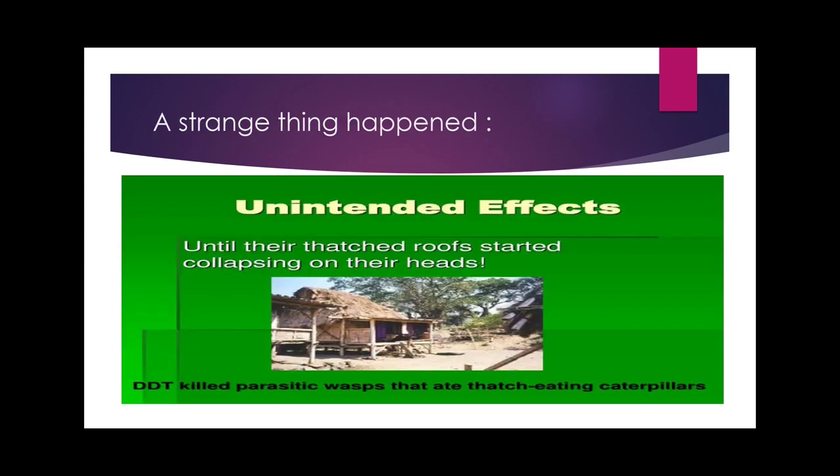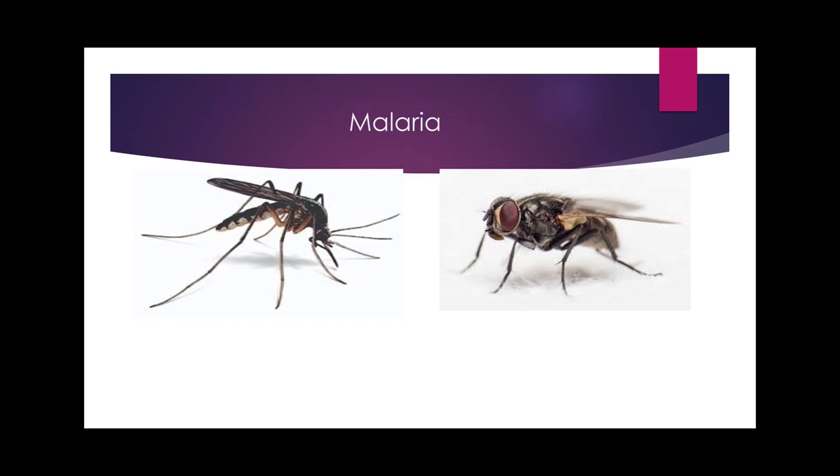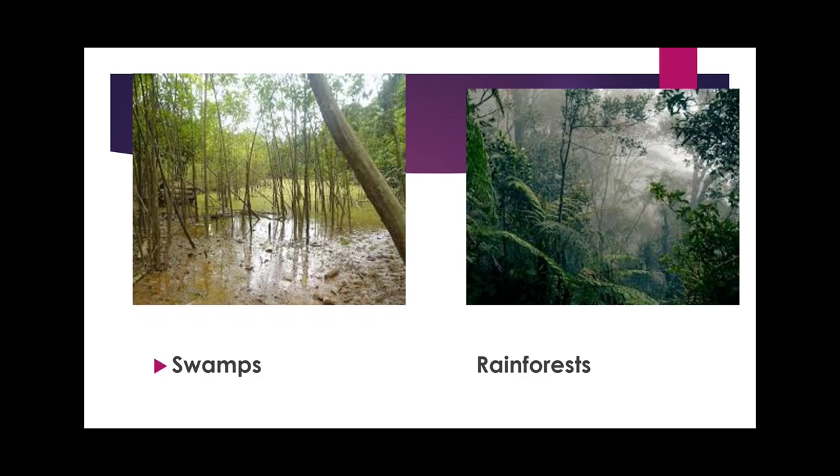But why? Because DDT killed the parasitic wasps that ate thatch-eating caterpillars. Means earlier there were flies and mosquitoes in Borneo and some wasps that used to eat the caterpillars of that village, Borneo.